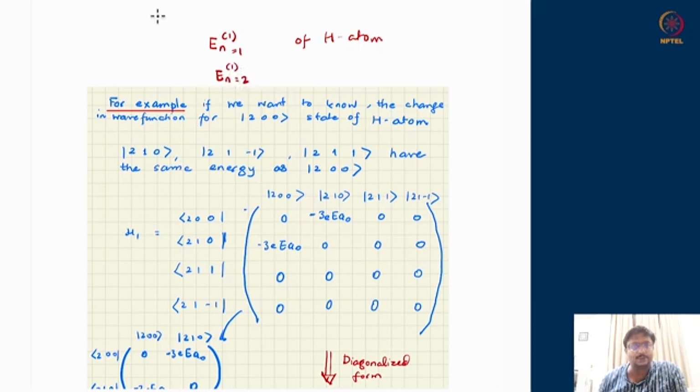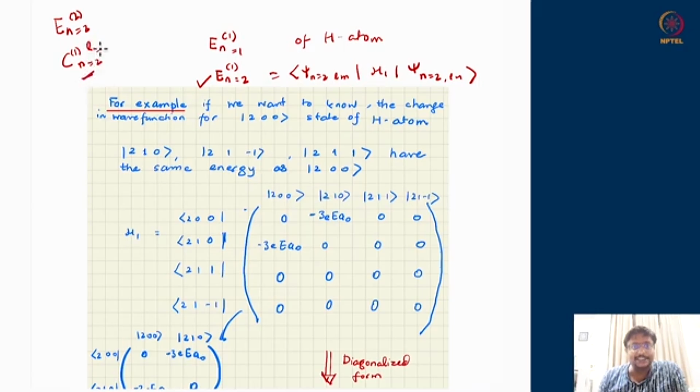That exercise you can do, and you can compute from the formula which we had learned: n equal to 2, and then you have to tell which L and M you are talking about. This will be the first order correction. But if I want to know the second order correction to n equal to 2, or the first order correction to the wave function.